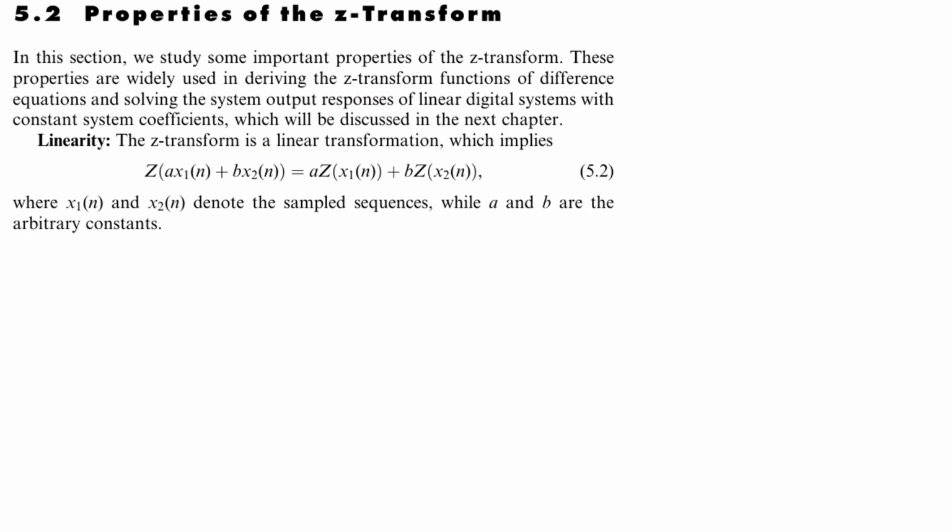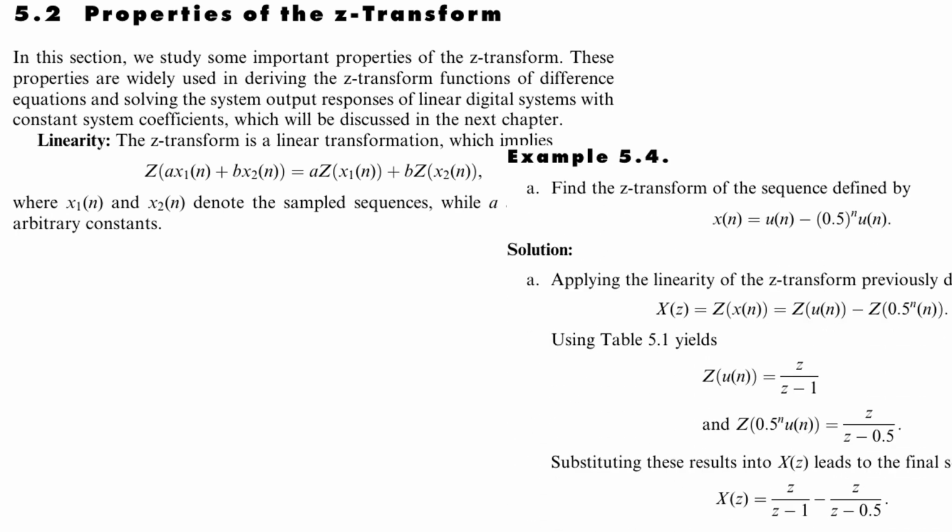Let's go ahead. Now some properties we are going to take. Linearity, it will follow linearity. Here, as an example, u(n) and 0.5 to the power n times u(n). Since it follows the linearity property, there is no problem. You can calculate the Z transform of these two functions individually and add them.